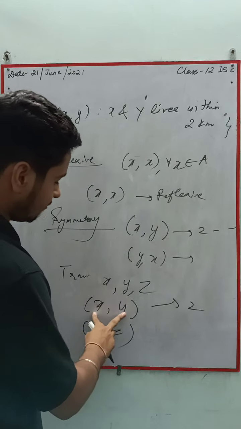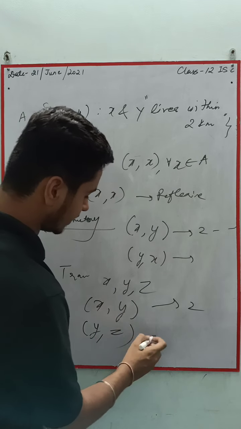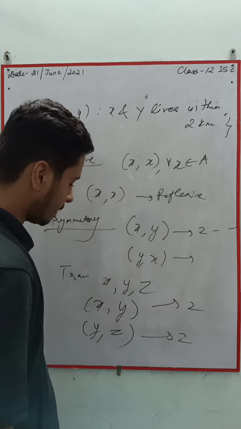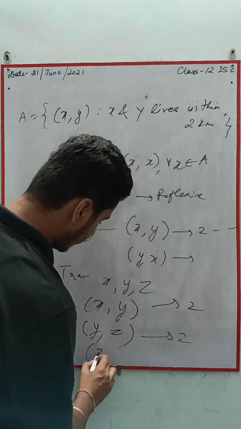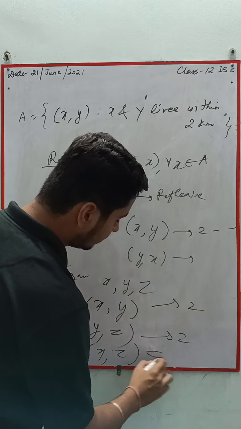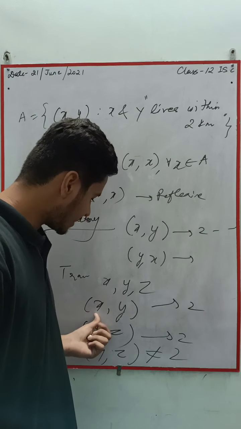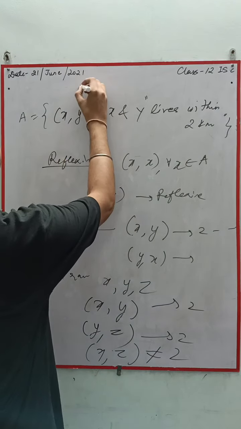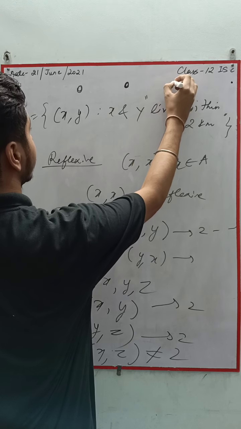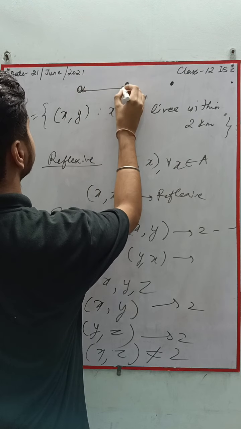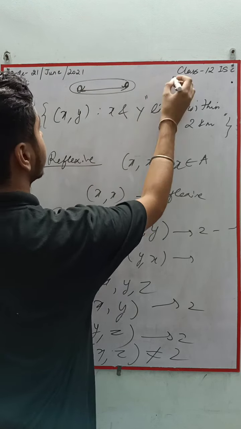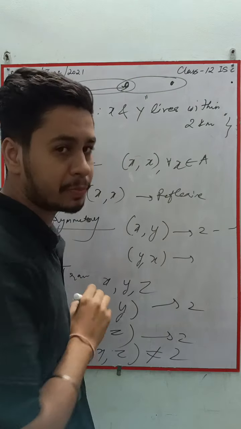So x and y, then y and z, live within 2 kilometers. Now x and z won't necessarily live within 2 kilometers. Say, for example, this is x's house, this is y's house, and this is z's house. They are living within 2 kilometers of each other.